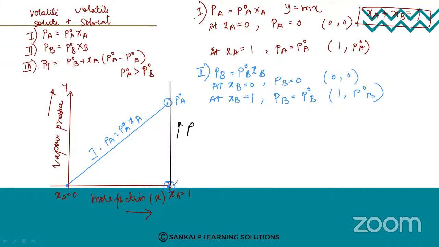So at psi B equals 0, it will be at this point. I'm drawing with yellow. Your condition is psi B equals 0, and here it will be psi B equals 1. When psi B equals 0, PB will be equal to 0, so this will be at the origin.